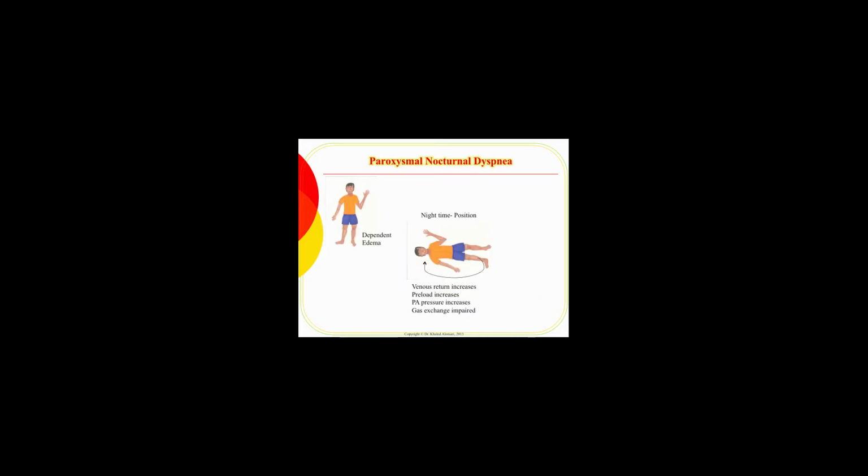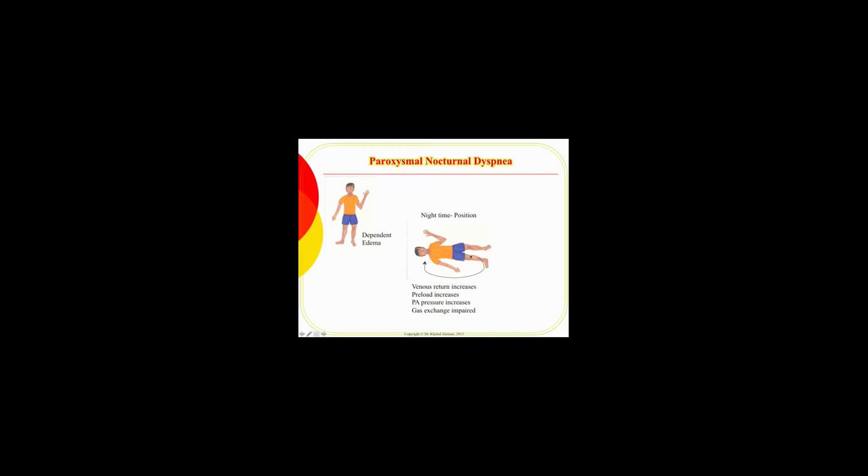The other symptom is called paroxysmal nocturnal dyspnea. So basically, this is when the patient during the day is standing. The edema is dependent, and because of the gravity, it stays away from the heart or from the lungs mainly. When the patient goes to bed to sleep, because of this position, the peripheral edema now, because again of the gravity, starts going back.